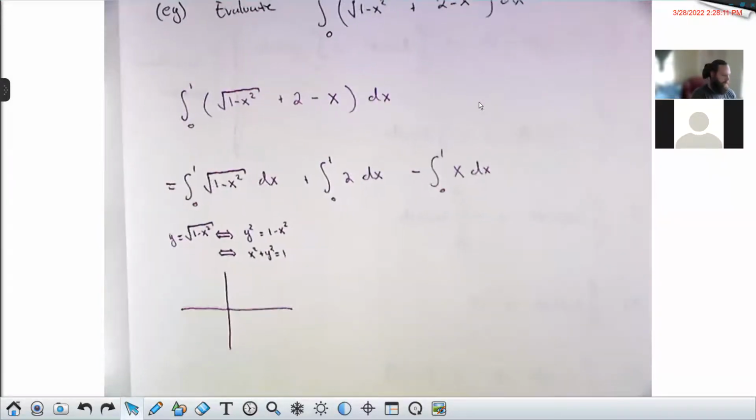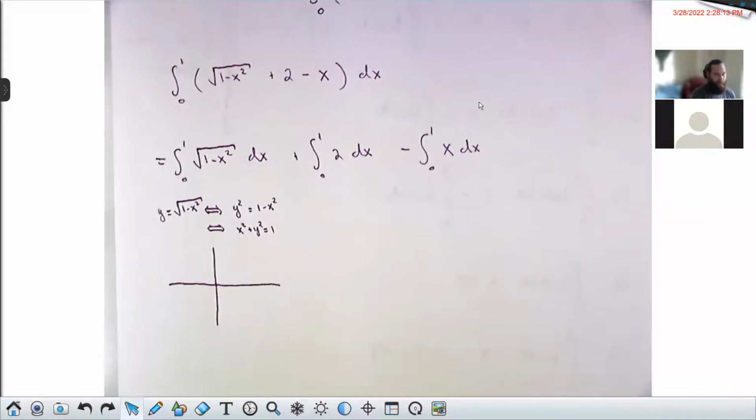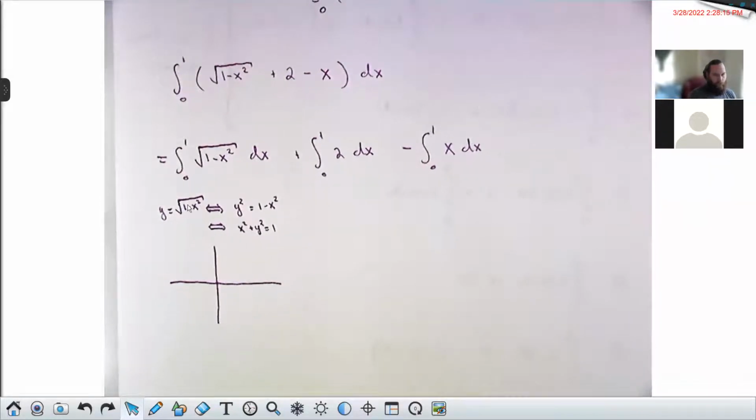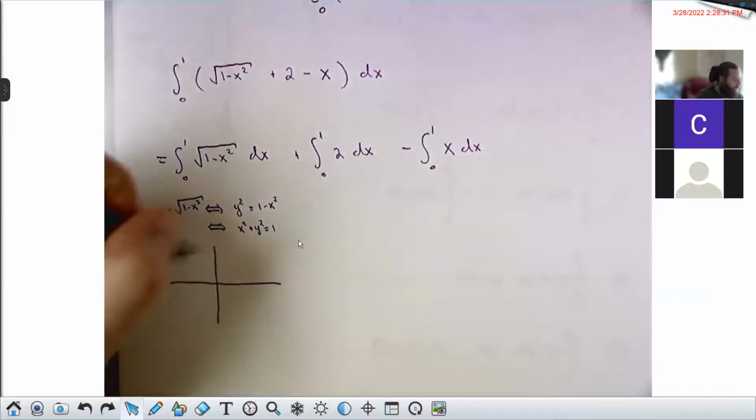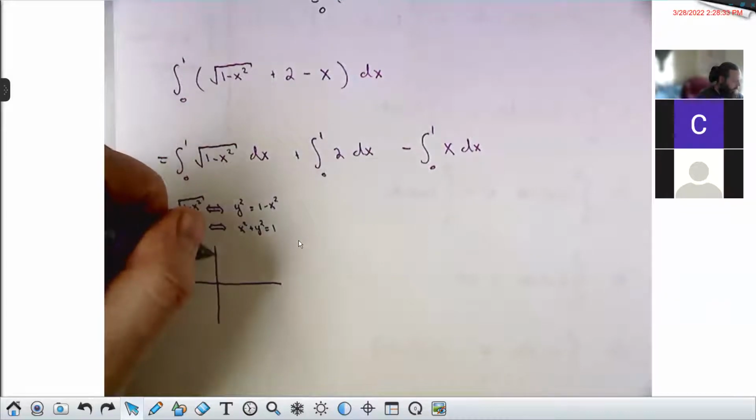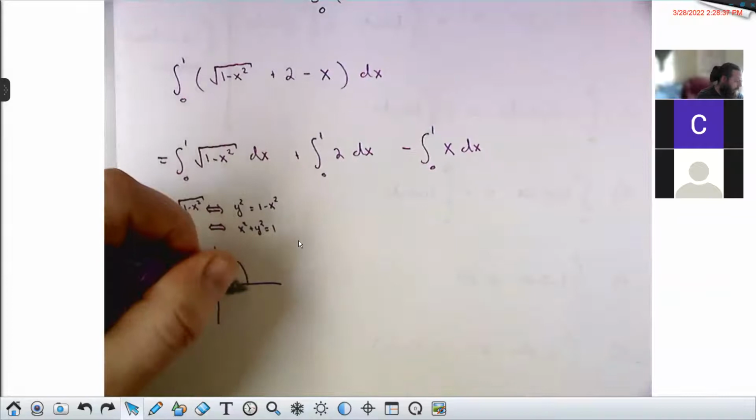So this first function here, the function inside my first integral, is what sort of curve? What is this thing? Ellipse or a circle? It's a circle. Yeah, it's a circle of radius 1 centered at the origin.